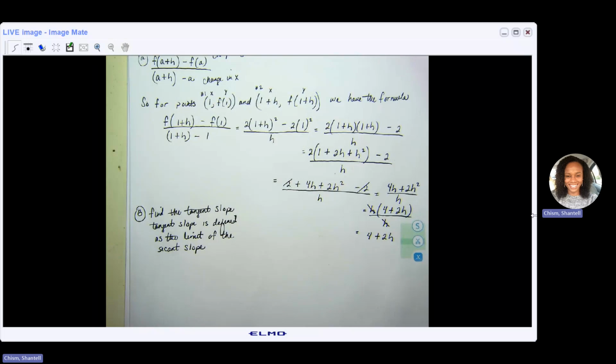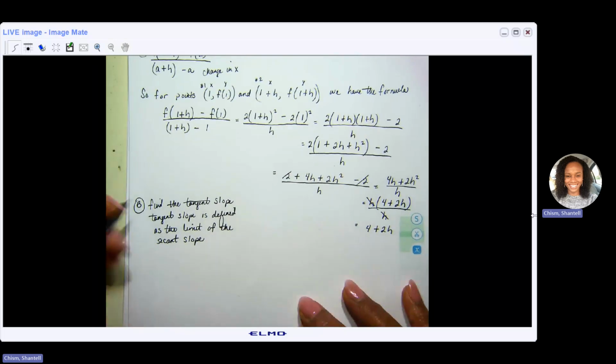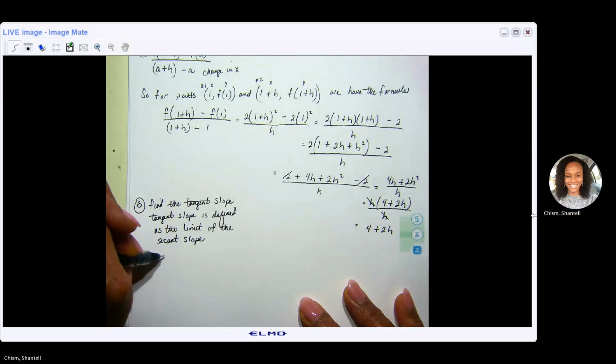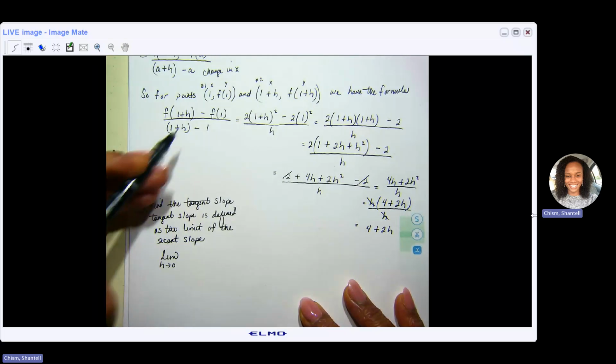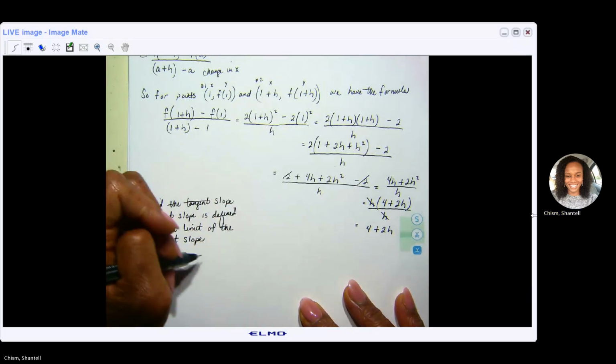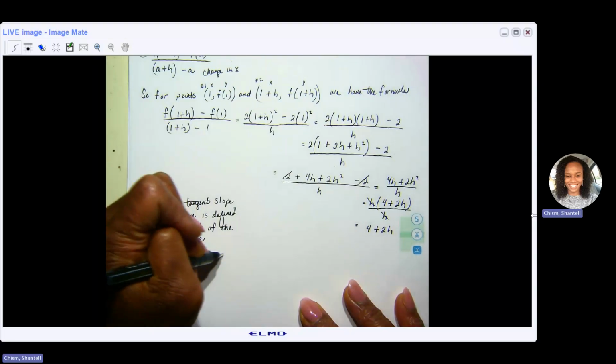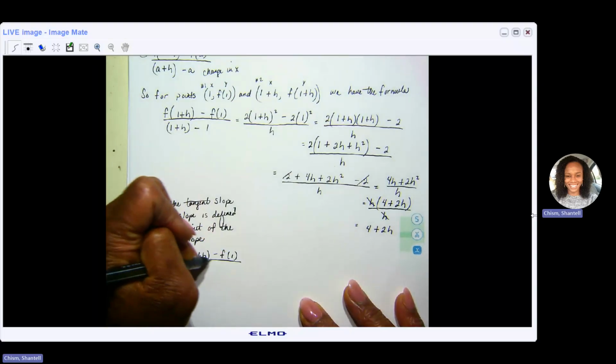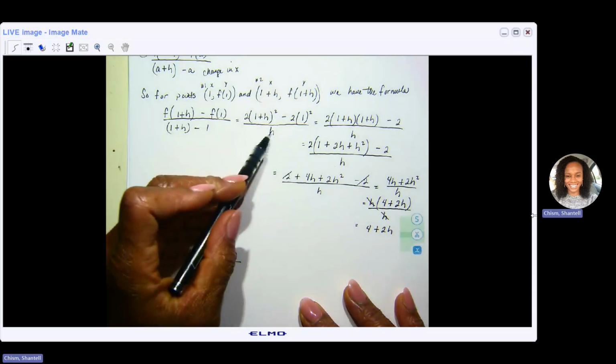We've got the derivative. We've got the slope at a single point. So for part B, we're going to find the limit as h approaches 0 of our particular equation from part A: f at 1 plus h minus f at 1 over just the h, essentially.